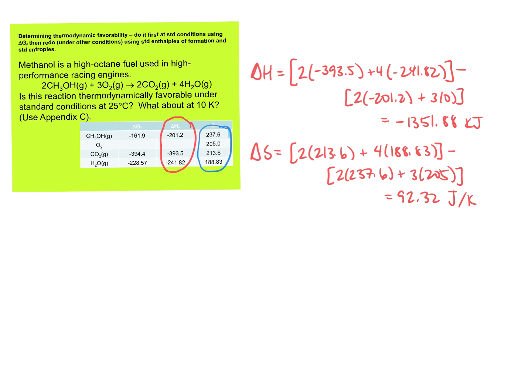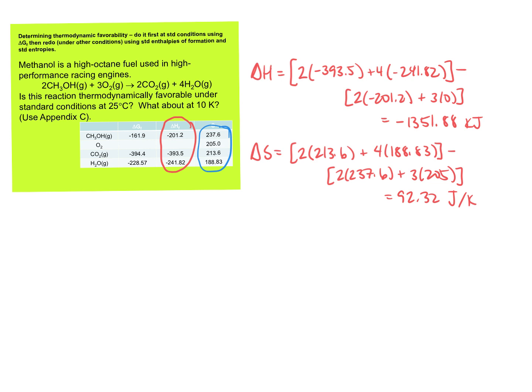And notice that oxygen does not have an S value of 0, because S does not necessarily equal 0 at 298 Kelvin, which it would be for heat of formation and Gibbs free energy.